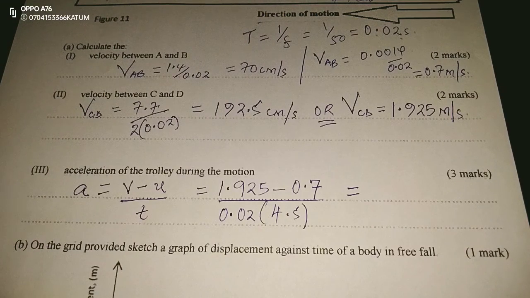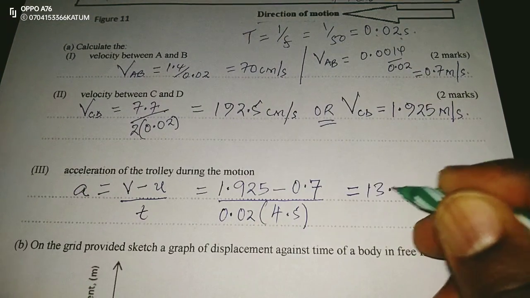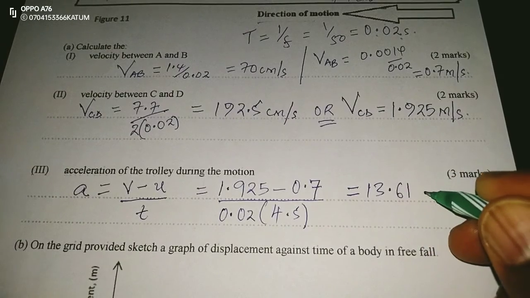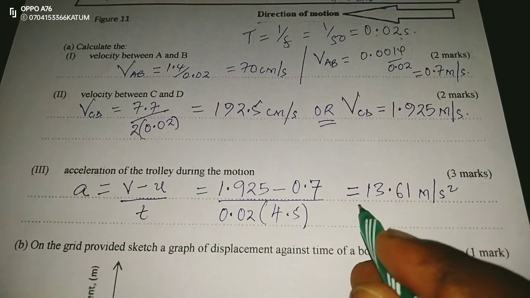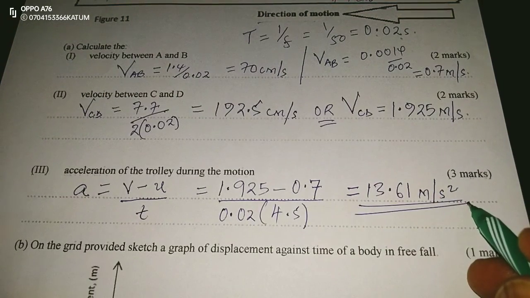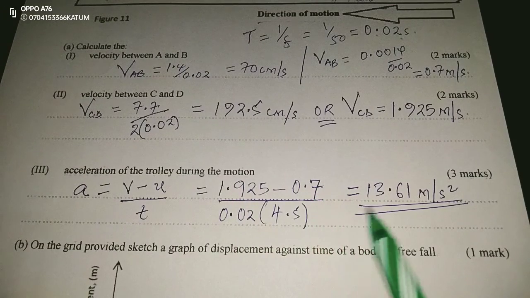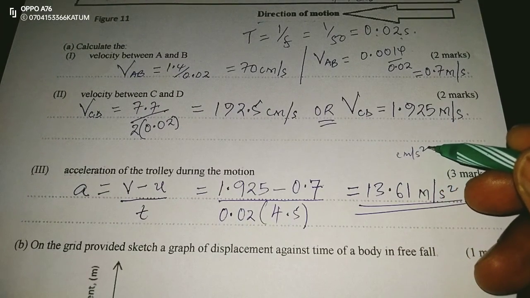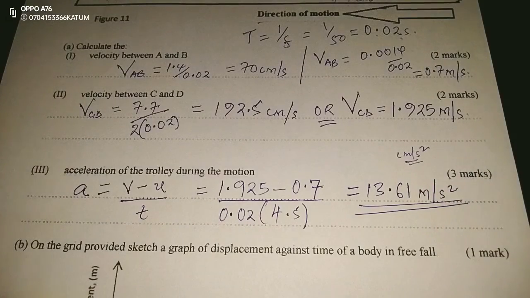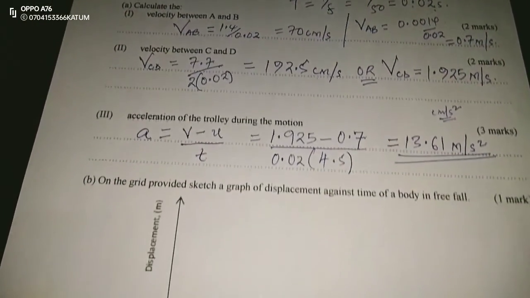This is going to give me 13.61 meters per second squared. When you use velocities in centimeters per second, you will get the answer in centimeters per second squared. Though they are not the SI units, you can still do the same because the distances have been provided in centimeters.